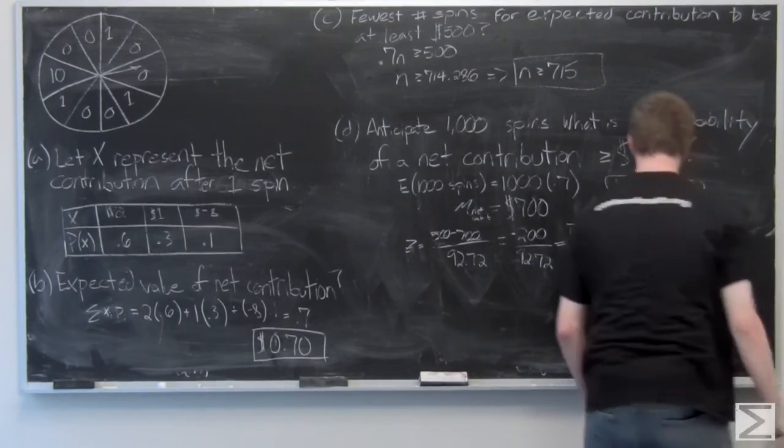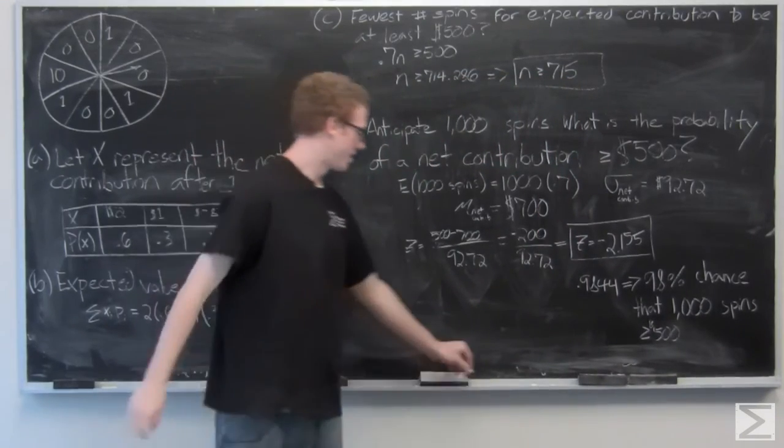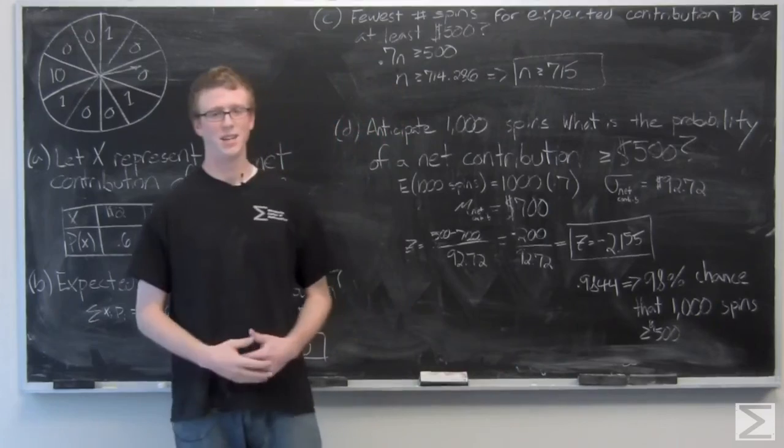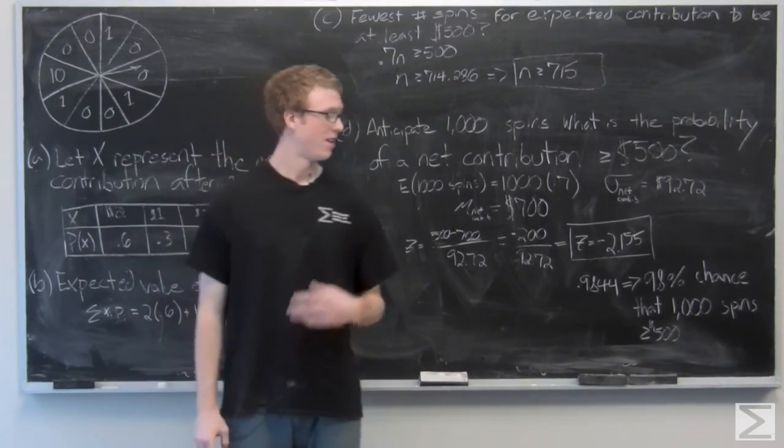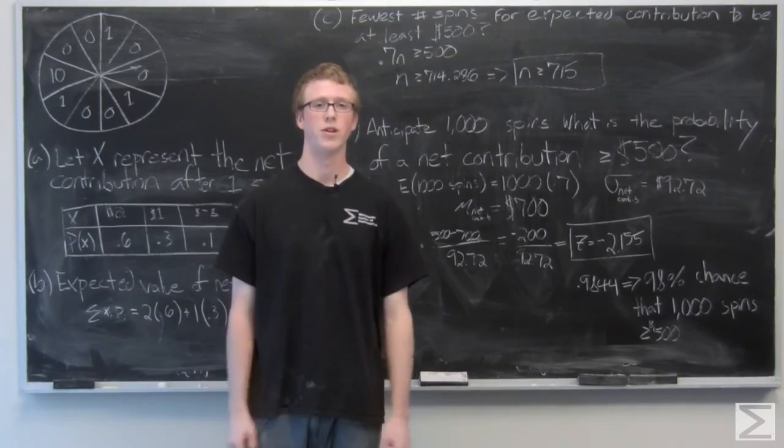So that 0.9844 tells us that we have a 98.44% chance that 1,000 spins is going to generate over $500 for the charity.